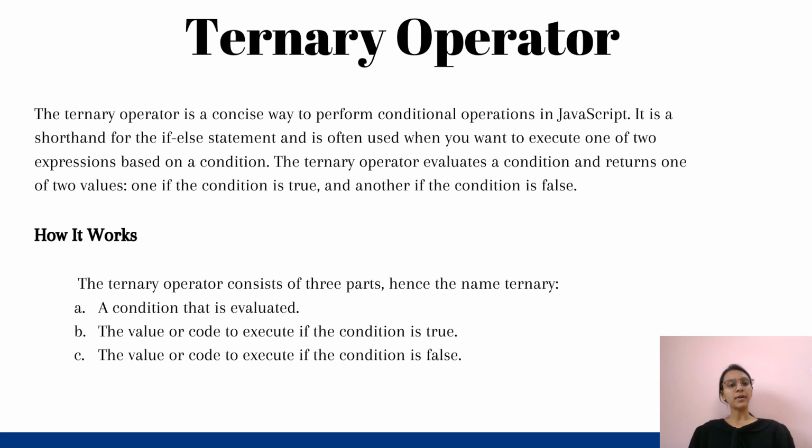The ternary operator consists of three parts, hence the name ternary: a condition that is evaluated, a value or code to execute if the condition is true, and a value or code to execute if the condition is false.